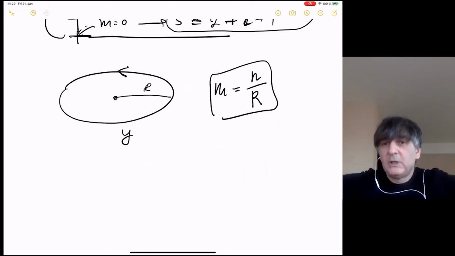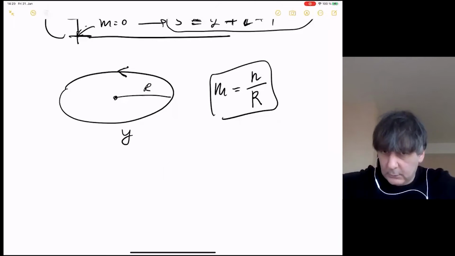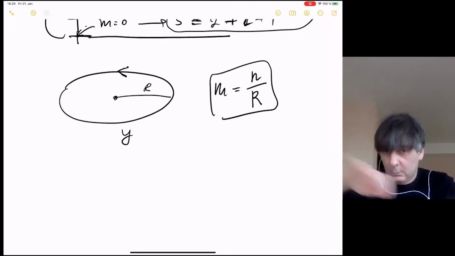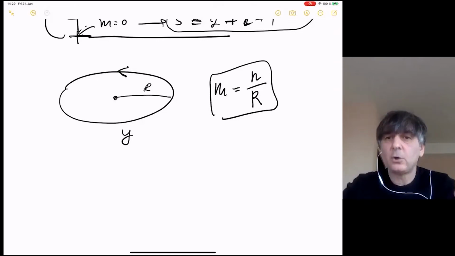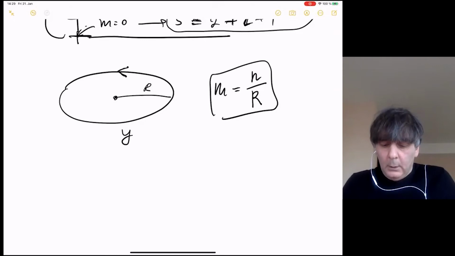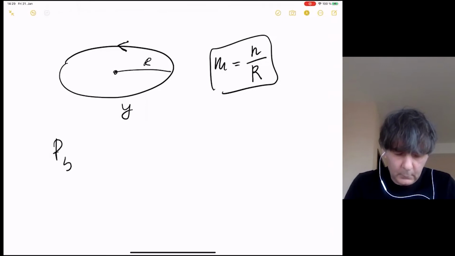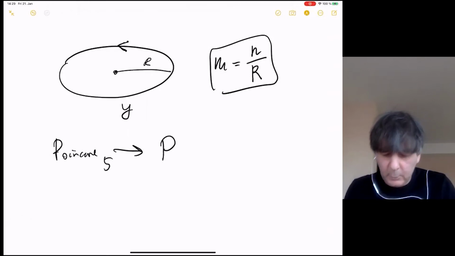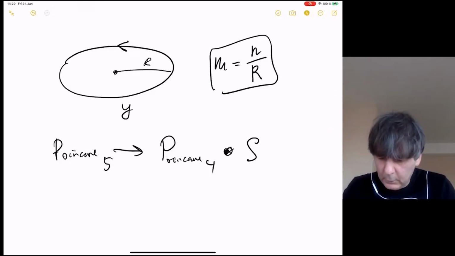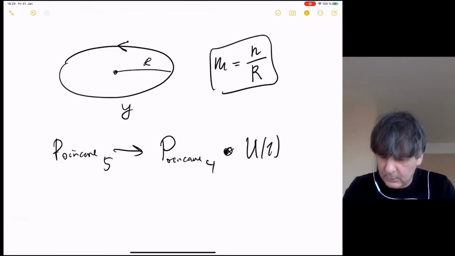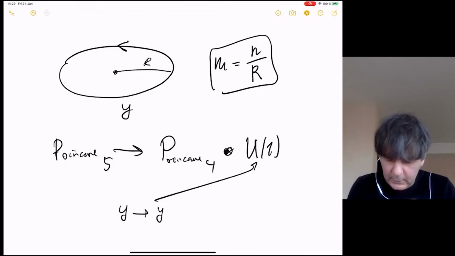There is a limit in which we decompactify, moving the radius towards infinity, and each configuration is a choice of vacuum. Correspondingly, Poincare 5 is effectively broken down to Poincare 4 times translation on a circle, which is U1 symmetry, translation in the y direction.